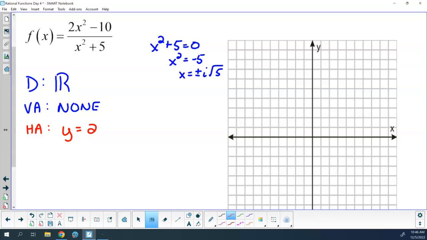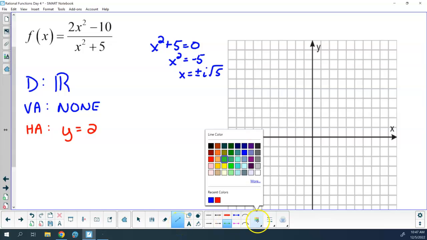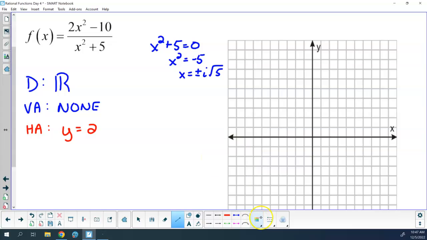Degree on the top is 2. Degree on the bottom is 2. So that's same over same. Lost my train of thought there for a second. Same over same. So that means that y equals 2 is my horizontal asymptote.